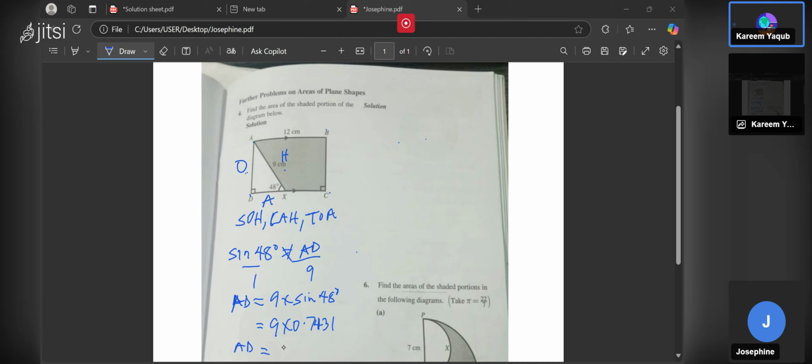So this gives 6.7 centimeters. But if you want to round it up, we can round it up to a whole number. That will give us 7. So we've known that one.